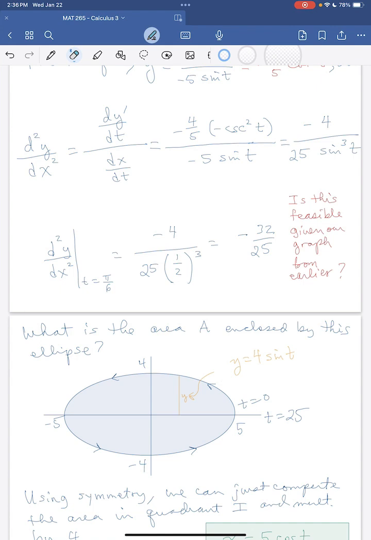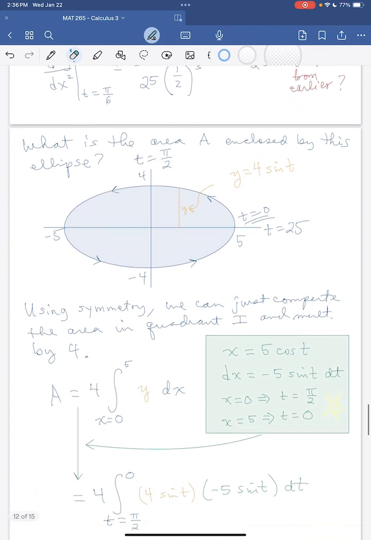So we're just going to focus on t equals 0 and t equals pi over 2. And of course, when t is pi over 2, that's when x is 0. And when t is 0, that's going to correspond to when x is 5. Okay, so we'll see that in a second.